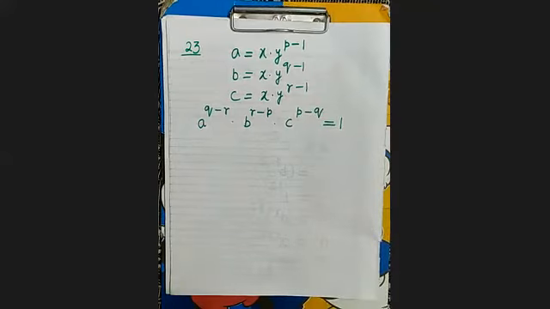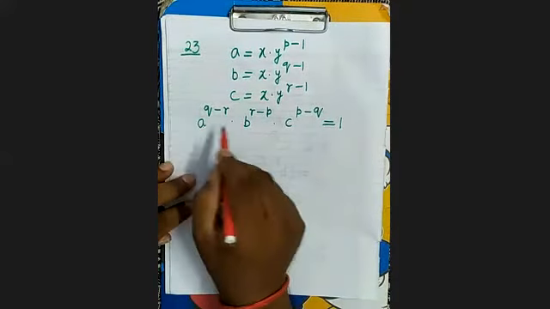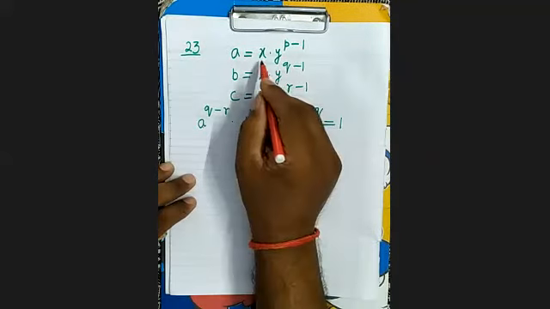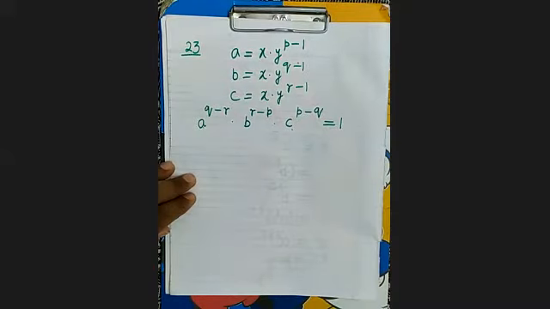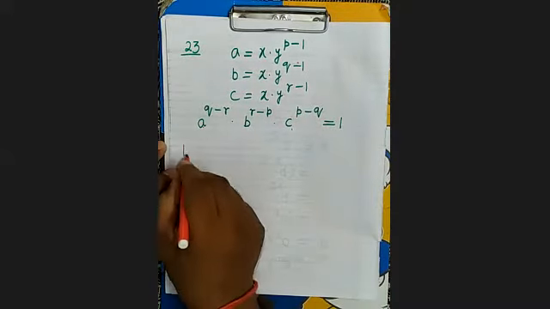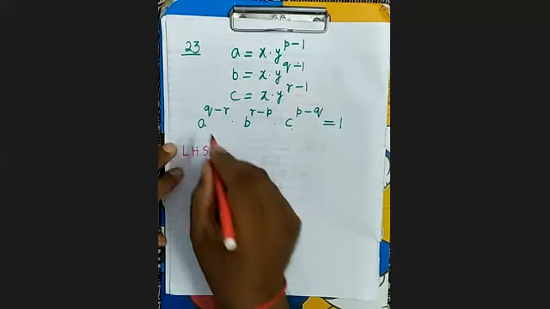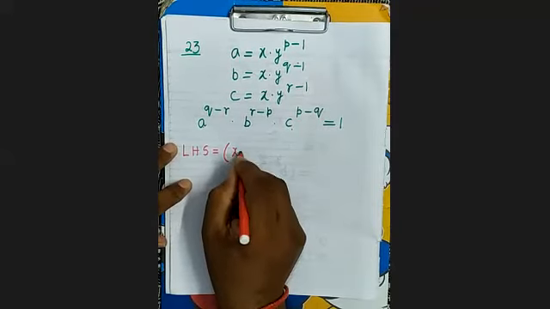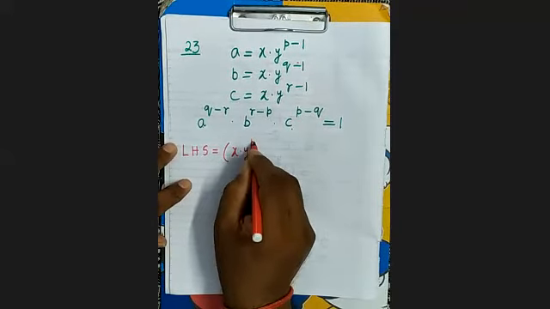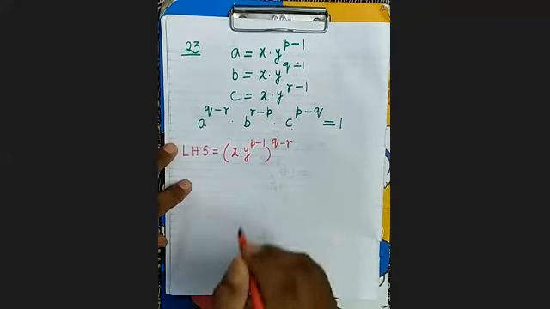This you have to prove. So see here, what will you do? How will you prove it? In place of A, B, C, we will write these things. So you can see LHS: in place of A you can write x into y to the power p minus 1, whole to the power q minus r.